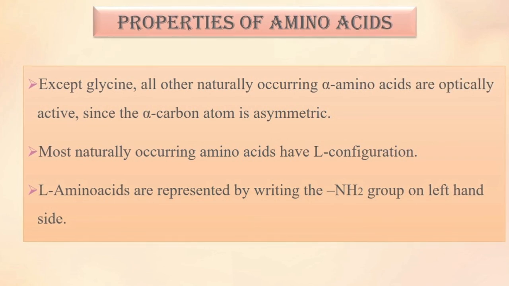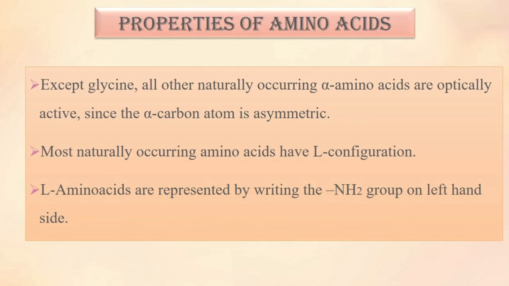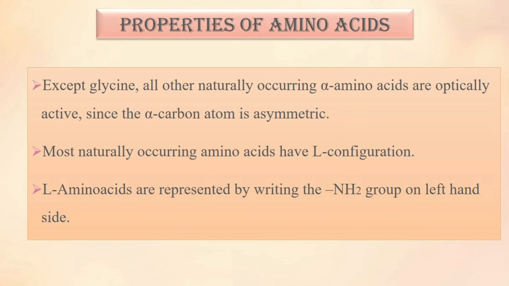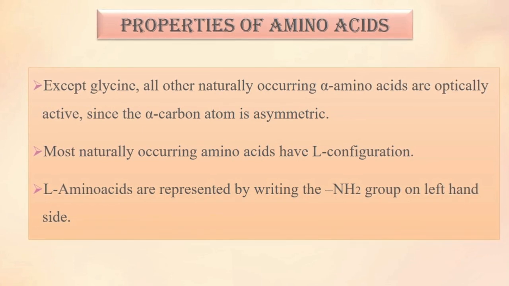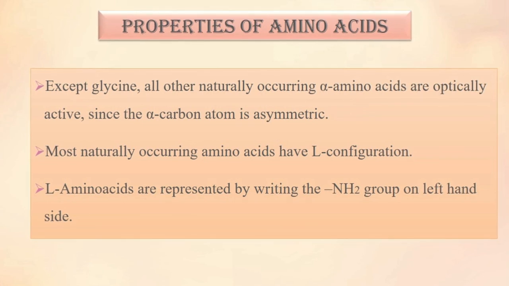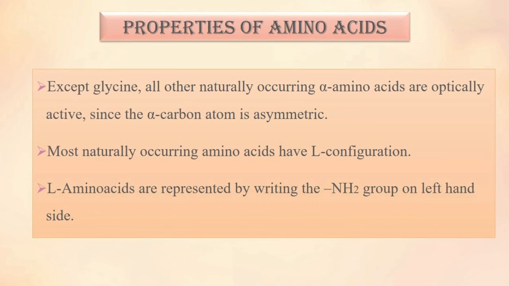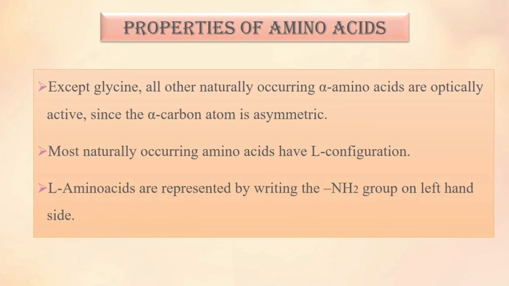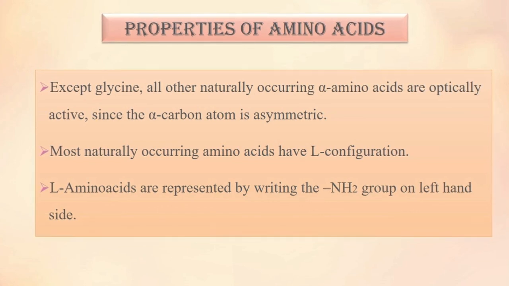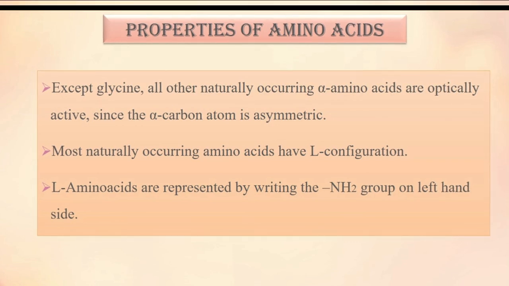The amino acids exist in two isomeric forms, namely D configuration as well as L configuration. Among these configurations, L configuration amino acids are the most naturally known. The amino group in these amino acids will be present on the left hand side and the carboxyl group will be present on the right hand side.